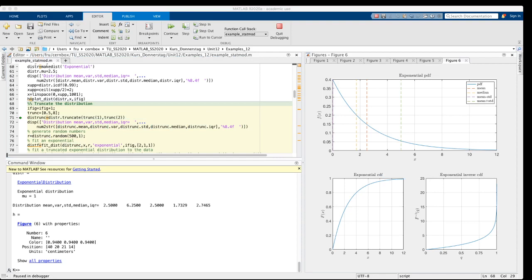In order to generate the truncated distribution, I call it distrunc, we invoke the method truncate from the object distra, which keeps the information about this exponential distribution. And this method has two arguments, the lower and the upper value of the truncation interval.